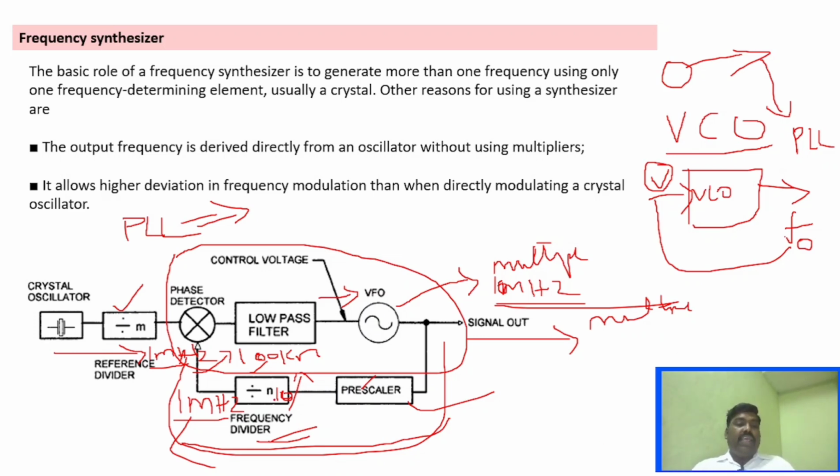Whereas if we use a reference divider, the original reference signal from the crystal oscillator will be divided by a factor of M. Say for example, if it is 8, then the output generated by the voltage control oscillator can be divided by 8. So here we obtain the divided version of the input signal, whereas with the frequency divider we obtain the multiple version of the input signal.